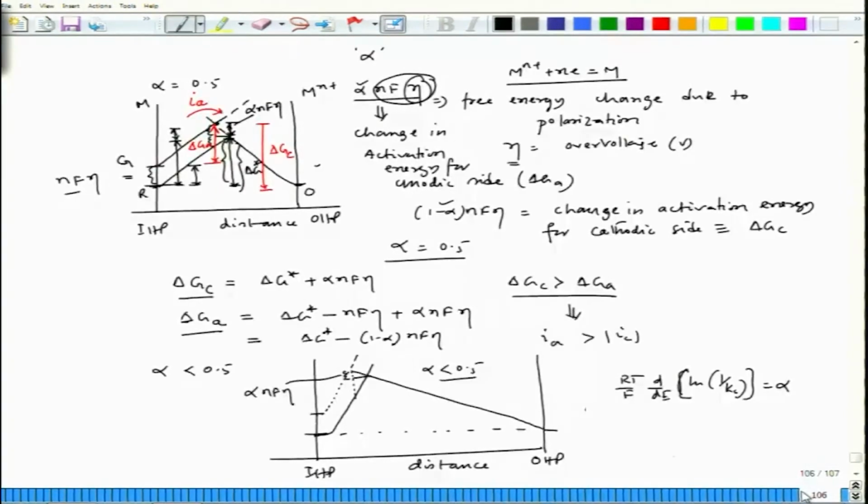in this case one more thing, see now this is my total free energy change, and out of that a small fraction, because alpha is less, the small fraction is contributing to the activation energy for delta G C, whereas in a similar way we can have activation energy change for anodic side.